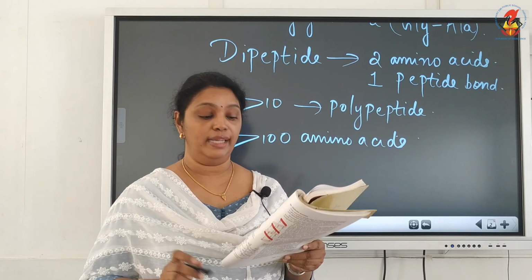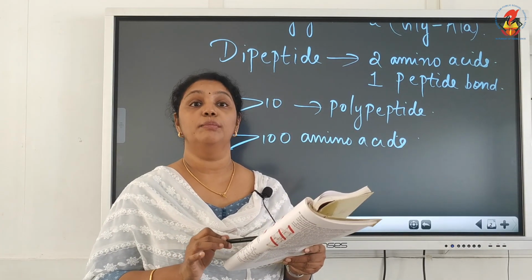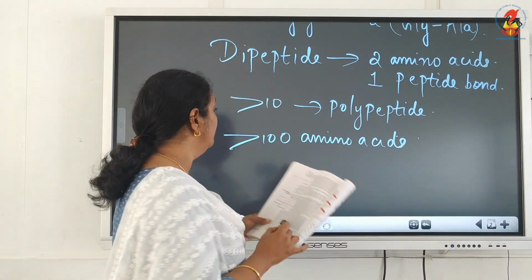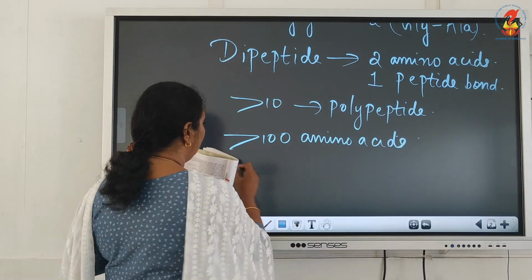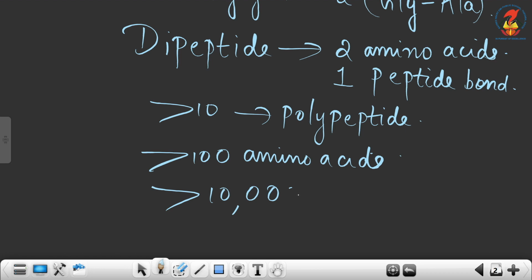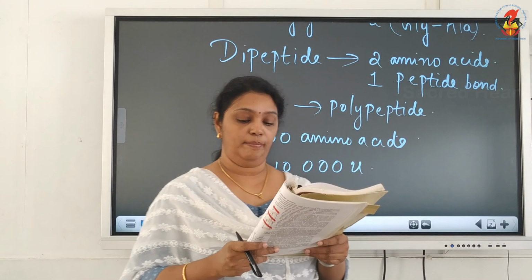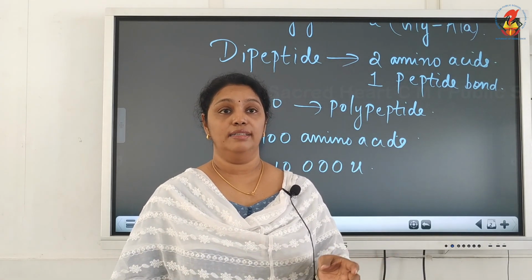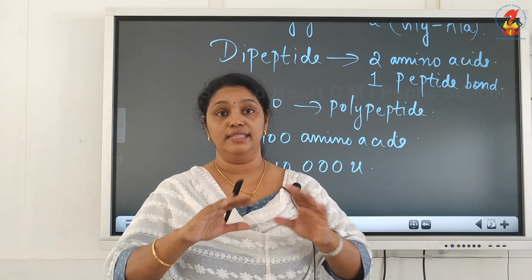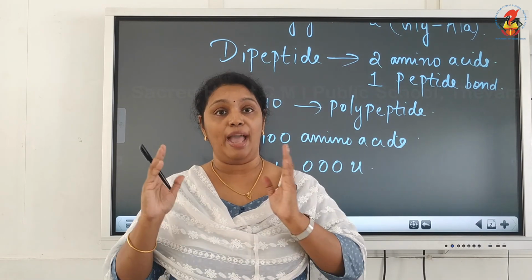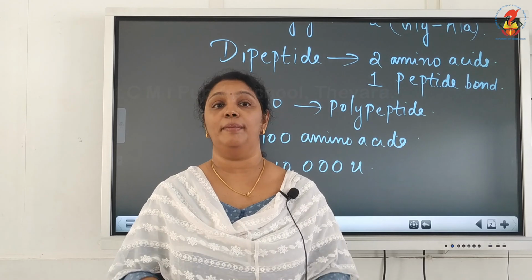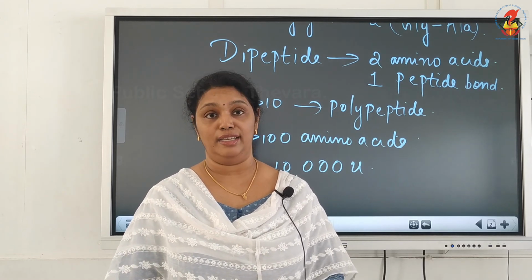Here u means unified mass. Thus we come to know that proteins are made up of amino acids, and the amino acids are linked to each other by a peptide bond or peptide linkage.